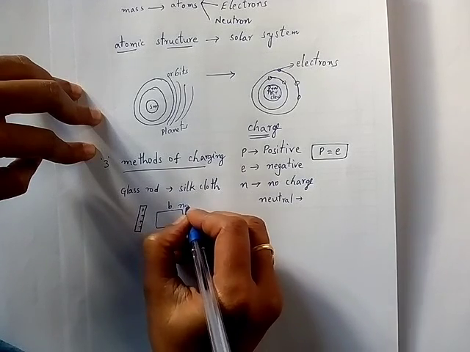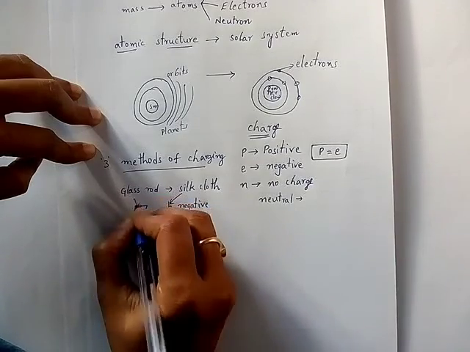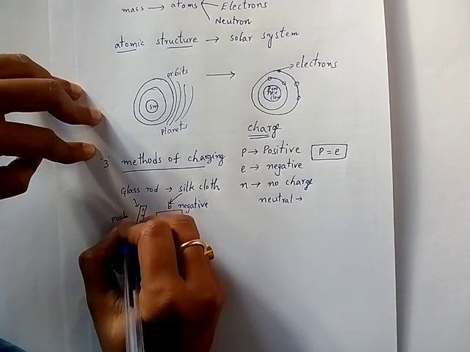So the silk cloth has negative charge, and the glass rod is positively charged.